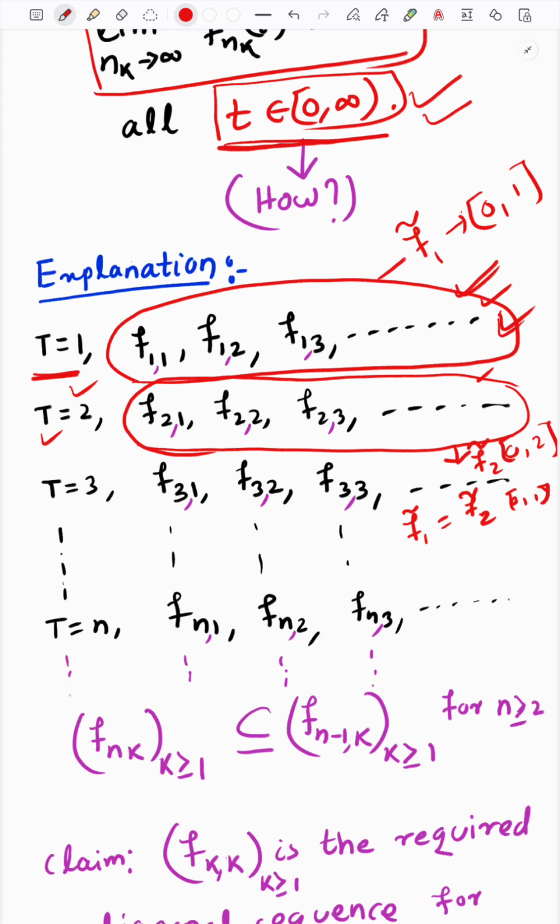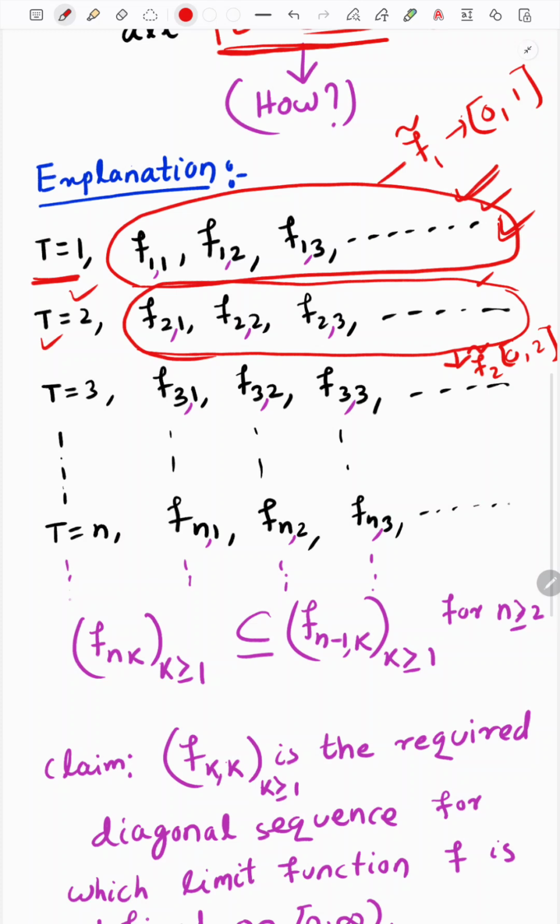Therefore f1 tilde and f2 tilde should be the same. If we proceed like this, we can generate these types of sequences, but every time the former limit function and the limit function that comes after are the same on the former interval.